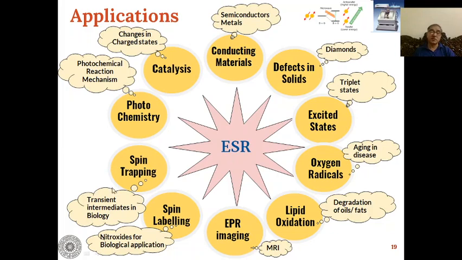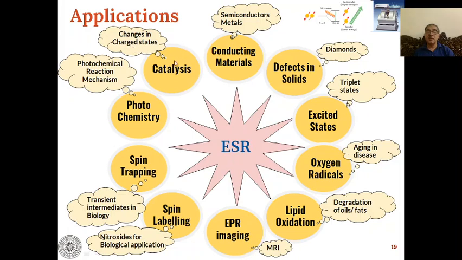Then, applications of ESR spectroscopy. ESR spectroscopy has a vast number of applications in different fields of chemistry, biology, physics, and some engineering branches. In conducting materials, it is used for semiconductors and metals.